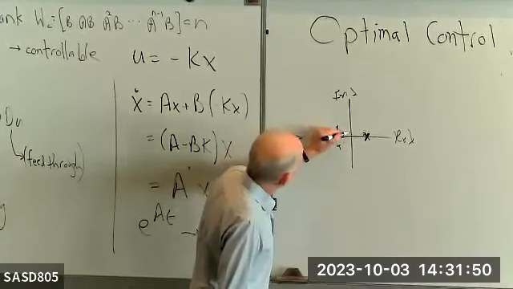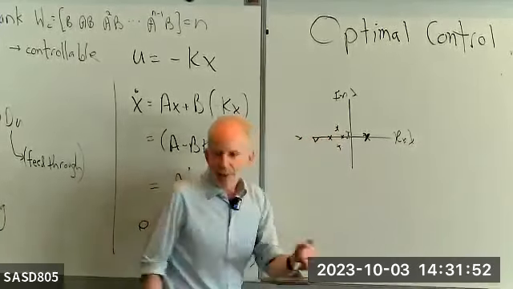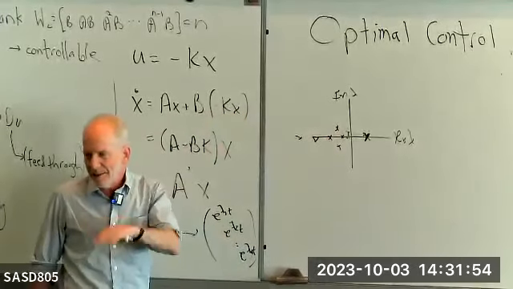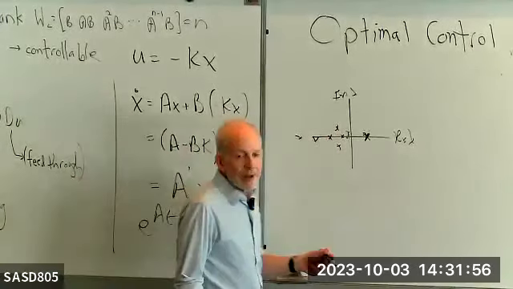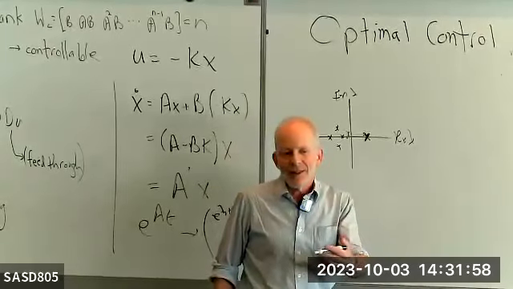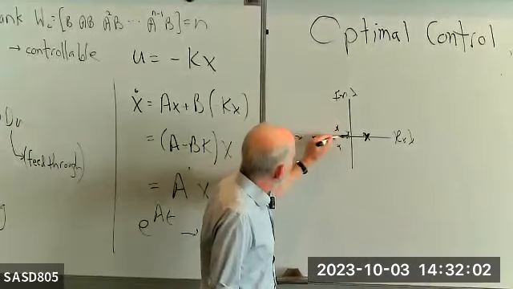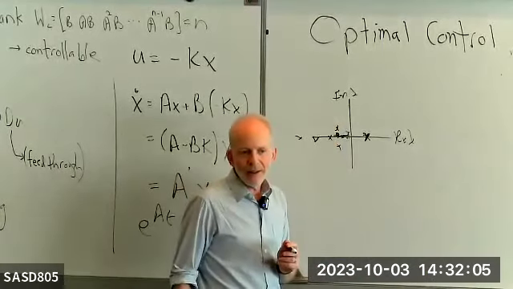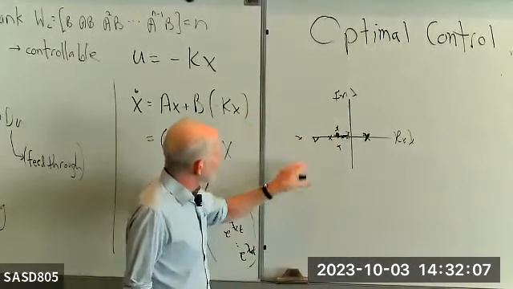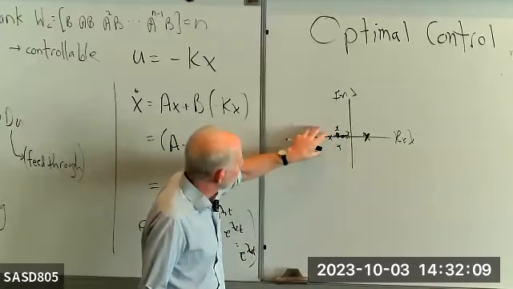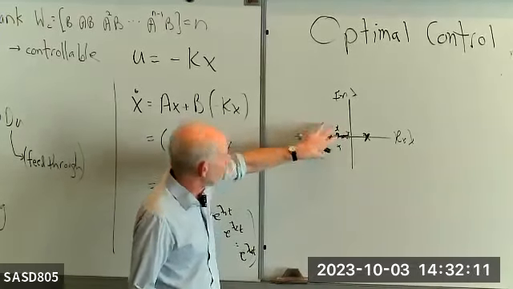But then you might have modes that are stable but very slowly decaying, and maybe that's not so good. So if the system is not decaying quickly enough for you, then take the slowest modes and push them down a little bit. But there's nothing to be gained from taking these other modes and pushing them more.